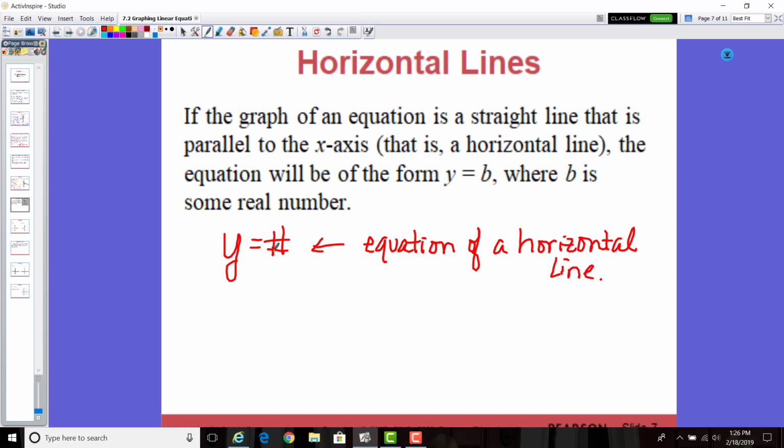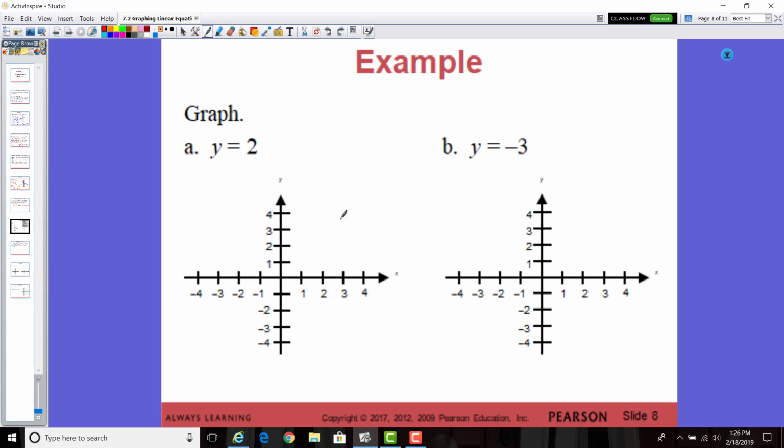So a horizontal line will not be an equation in two variables. It will be an equation with one variable, y equals a number. So if I'm asking you to graph this one variable equation, y equals 2, well, on my graph, here is where y equals 2.